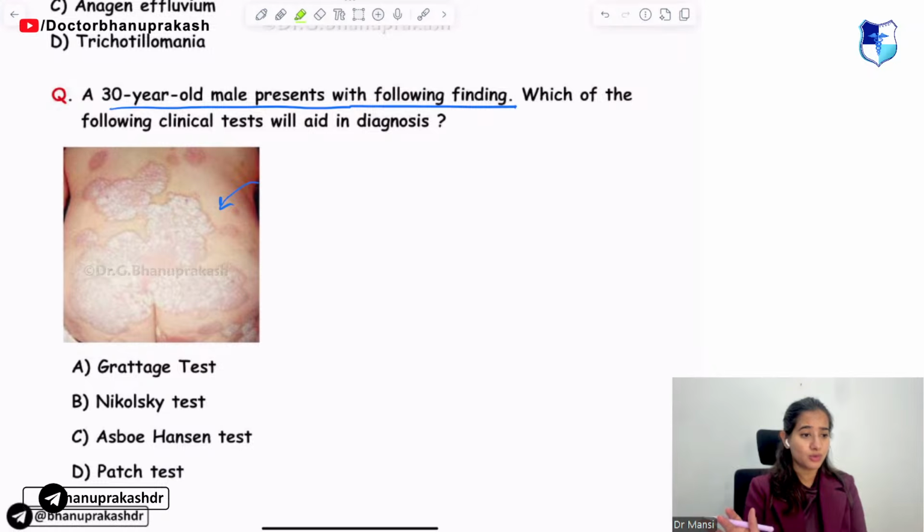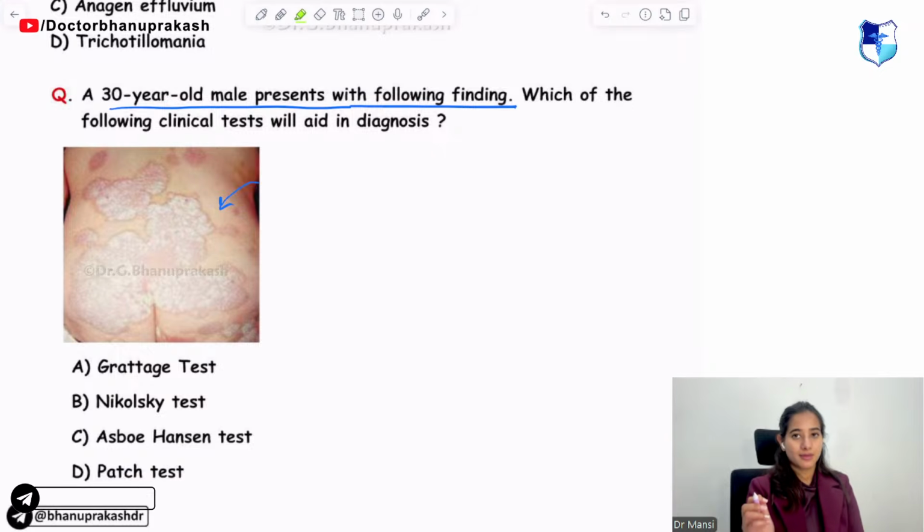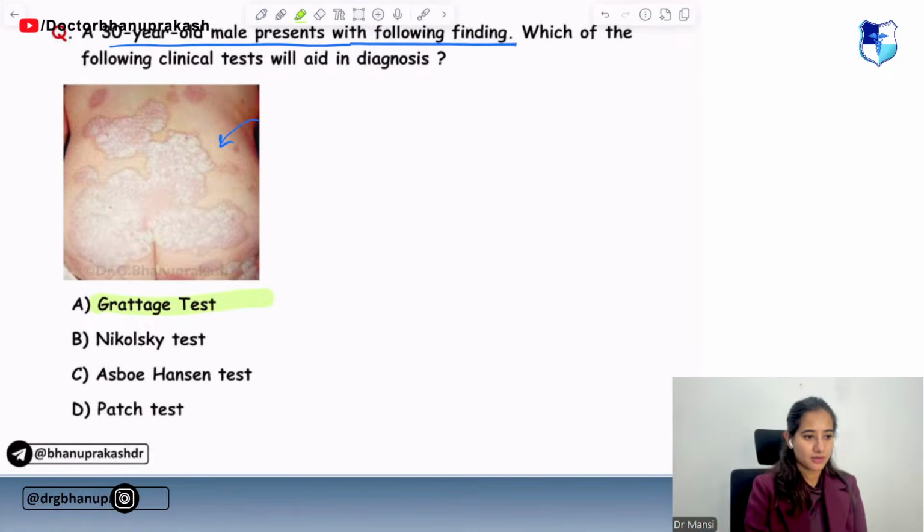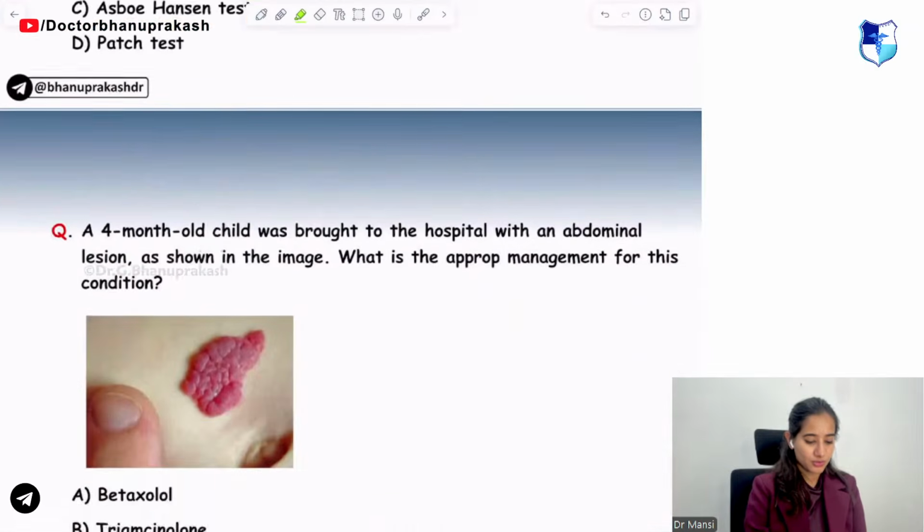Nikolsky test, no. I told you the scraping thing, if you remember. The answer to this question is the Grattage test. That's what you need to remember.